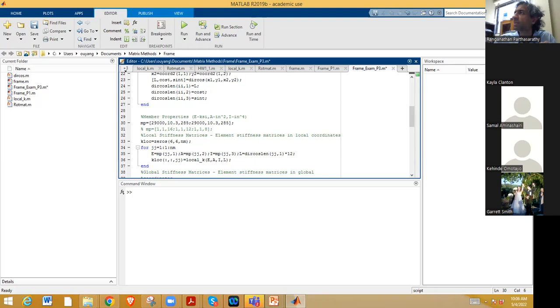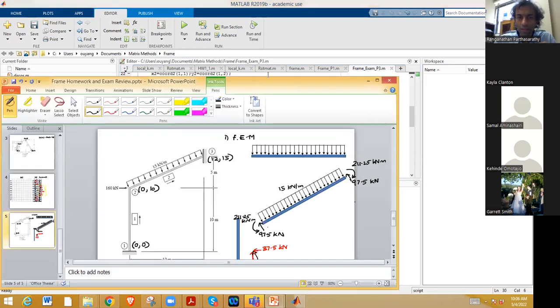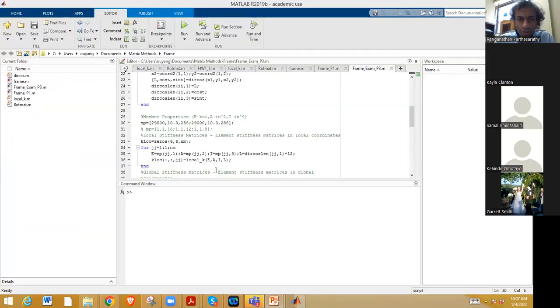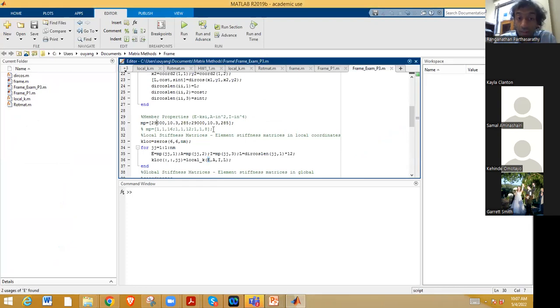Okay, so let's convert here. Convert the properties. So E is 70 GPa. So this is already 70 kilonewton per millimeter square. That's fine. A is okay. So it's already in the correct unit. So this is fine. So let's put the same. E is 70.